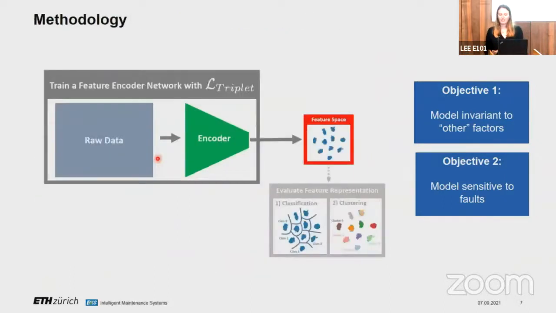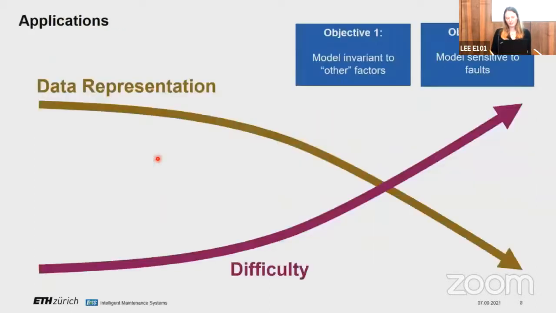And once we have trained our encoder model, dependent on the task, I will explain the applications we applied it to in a second, we will either classify or classify and cluster the feature space. Speaking of the applications, I think intuitively it's clear for everyone that the better the data represents all of the potential future factors, the easier the task of achieving both of our objectives is.